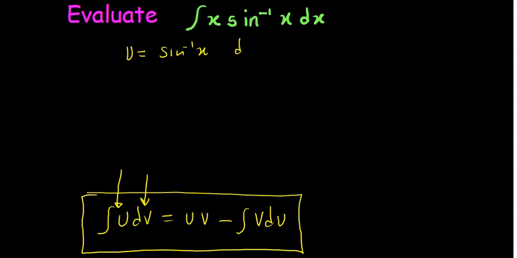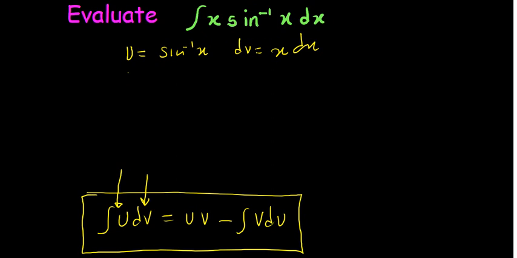That means dv is going to be equal to x dx, because whatever we get as dv always carries the dx. So I just got this one, which is here. That's the one I said is my u.